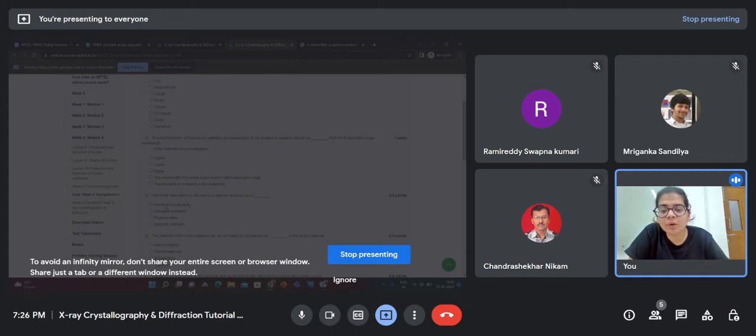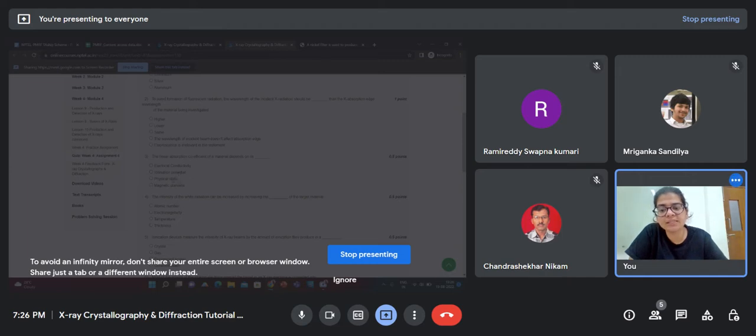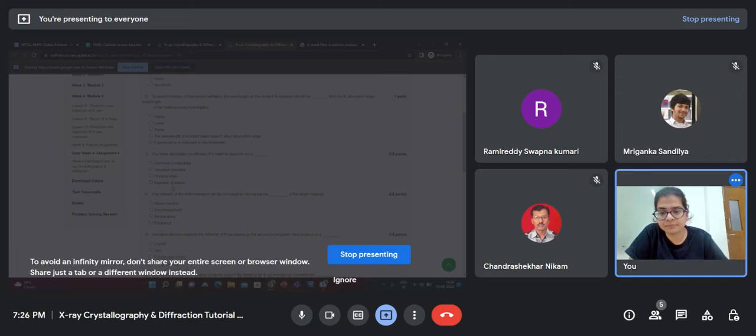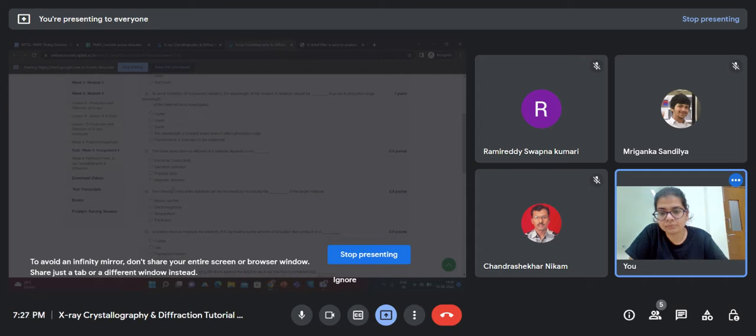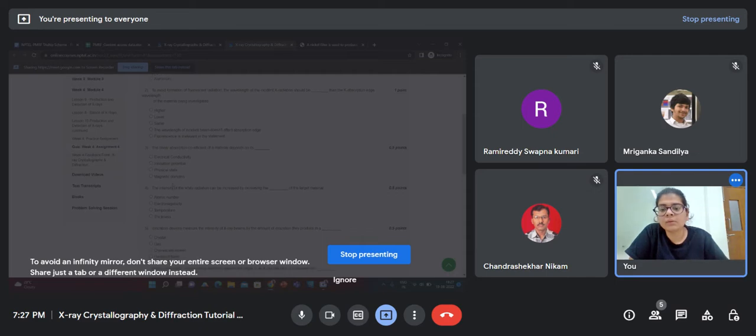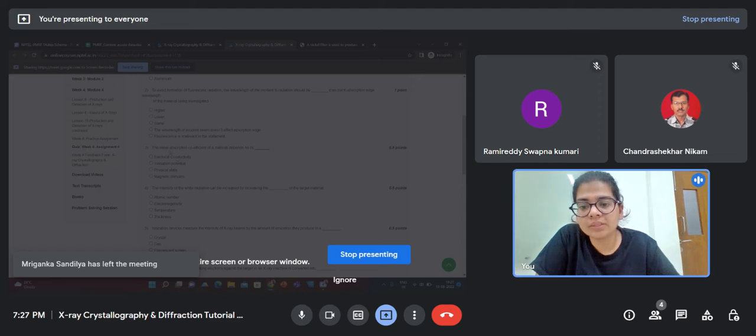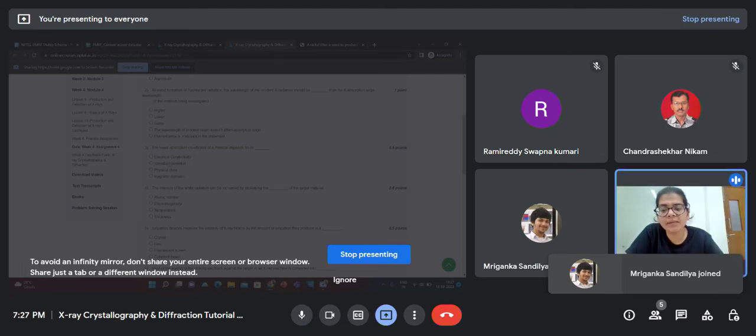And the third question is: the linear absorption coefficient of a material depends on its electrical conductivity, ionization potential, physical state, or magnetic domains.